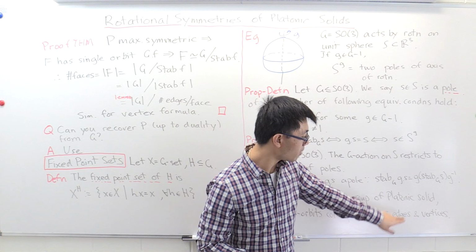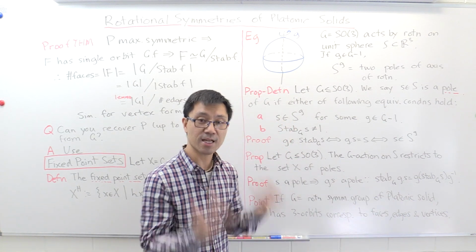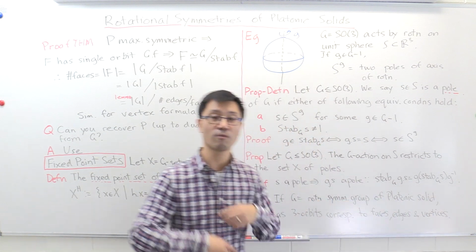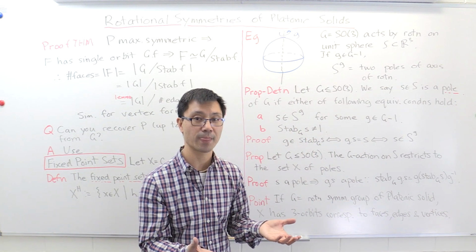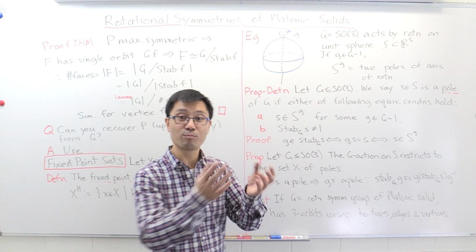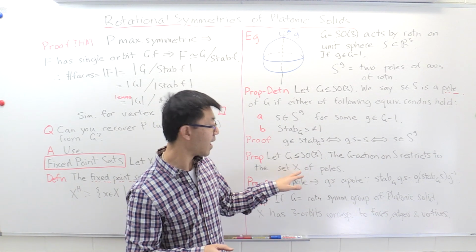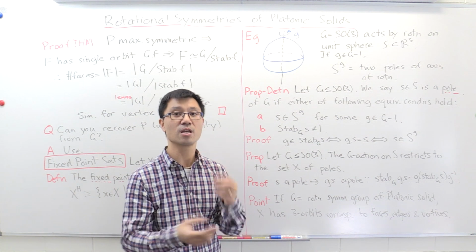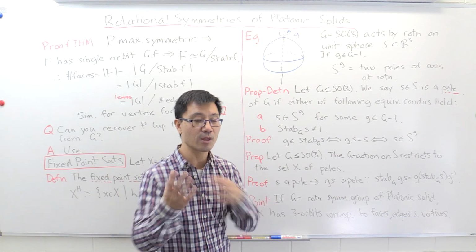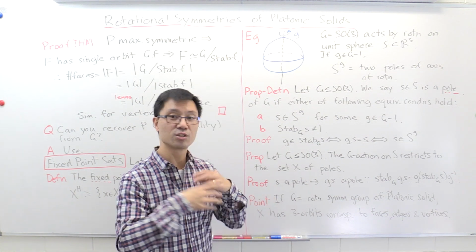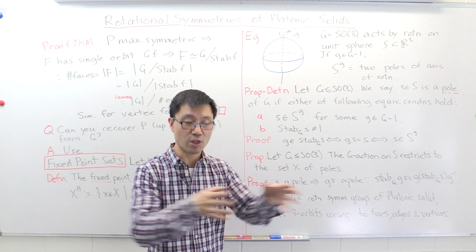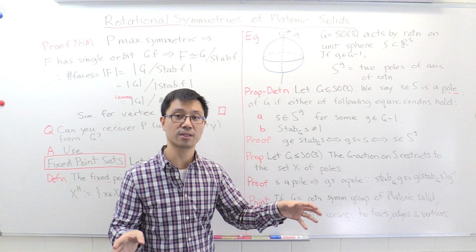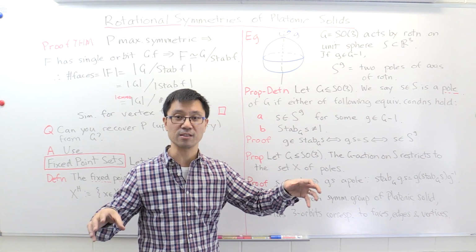All the poles corresponding to edges form a second G-orbit, and all the poles corresponding to vertices form a third G-orbit. So now you've broken up this set of poles X, whose points correspond to the edges, the faces, and the vertices, but are all jumbled up at the moment. To separate them out into the 3 things, you just have to use G-orbits, and that'll break it up into 3 things.